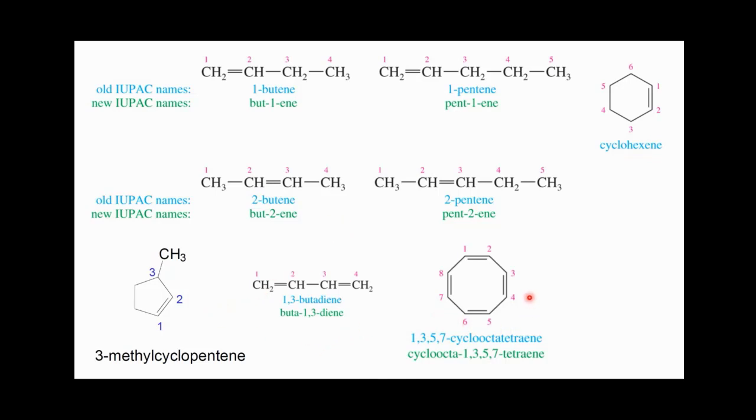However, if there are multiple double bonds inside a ring, then you put the numbers where they're located and then how many -enes there are. In this case, we have 4, so you put tetraene.